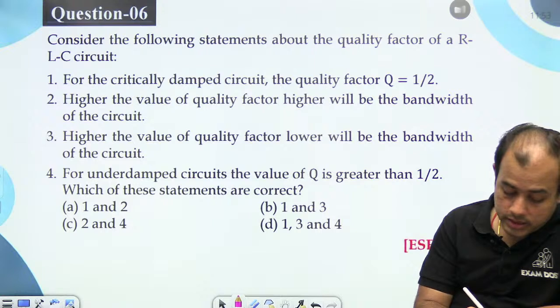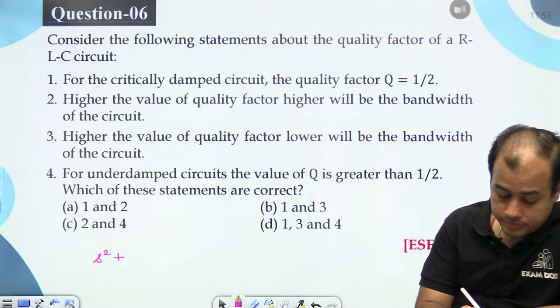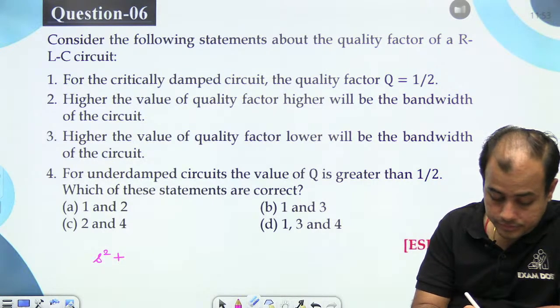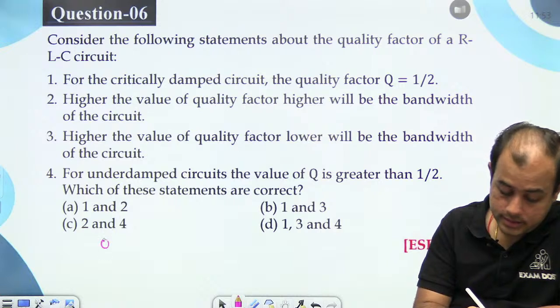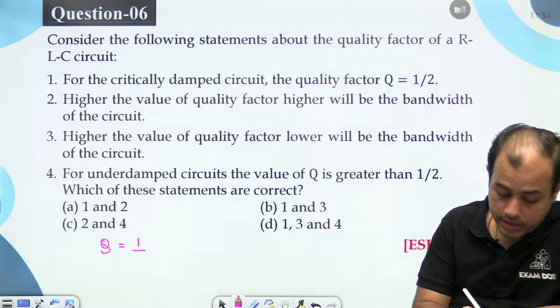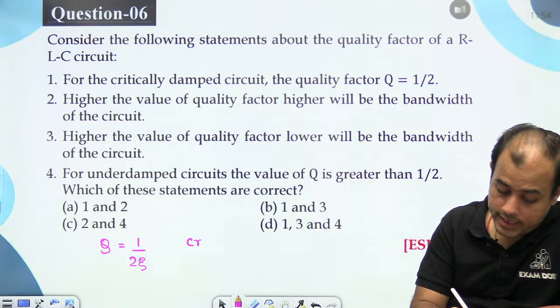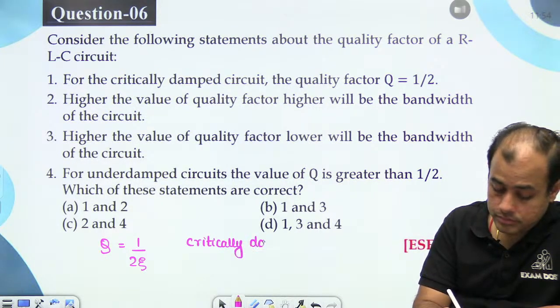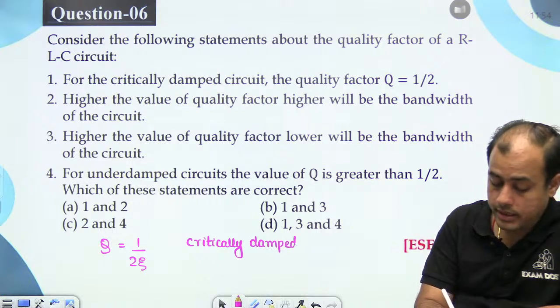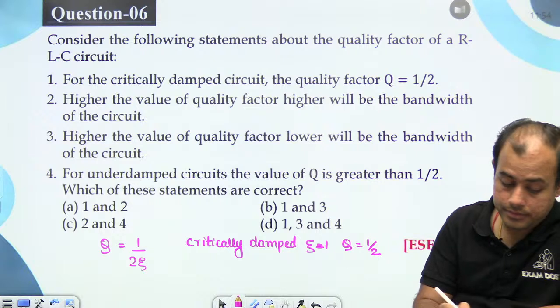अब देखिए क्या होता है ना, or let me write like this. Quality factor is 1 by 2 zeta actually. So critically damped means zeta equal to 1, quality factor will be half.